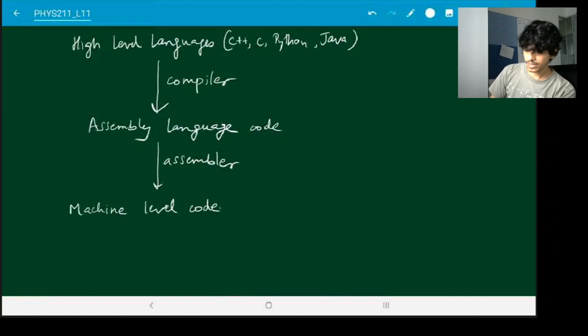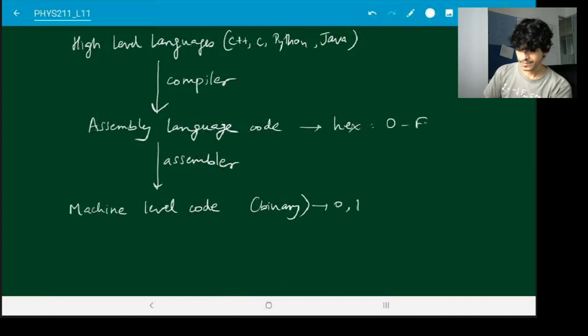So machine level code is actually entirely written in binary, using zeros and ones. Assembly level language is often written in hex, so this is written using digits 0 to F. And this is at the level of the processor.